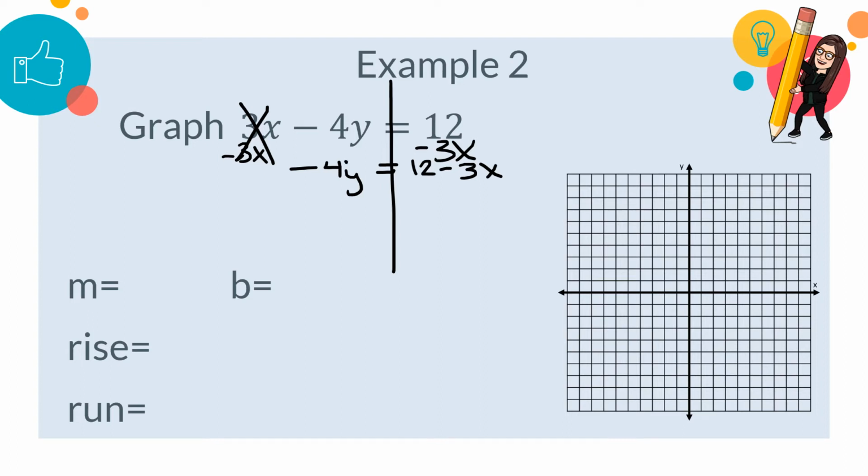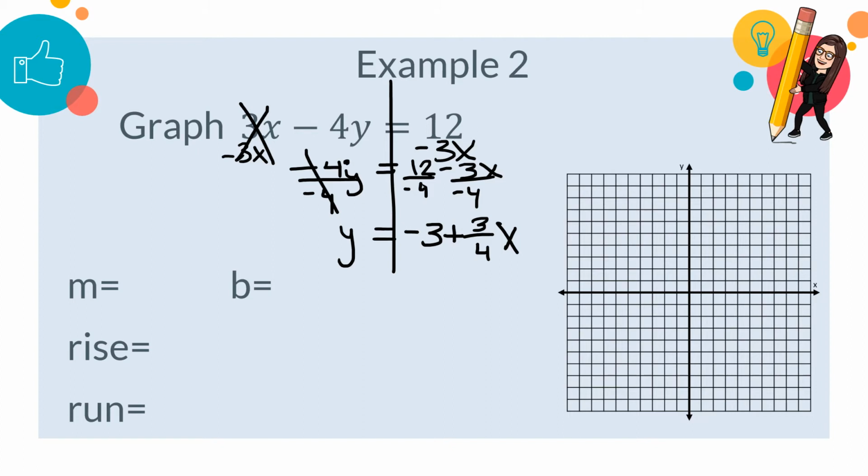Instead of y times negative 4, because they're next to each other, we're going to divide by negative 4. Opposites go away, y falls down. 12 divided by negative 4 is negative 3. Negative divided by negative is positive. 3 does not divide by 4, so it remains a fraction.